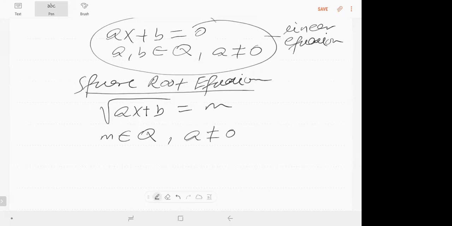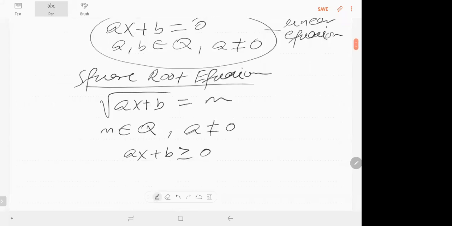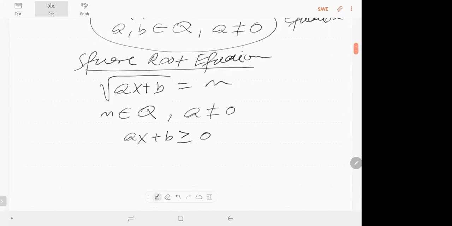And also, there is a big restriction: the expression ax plus b must be greater than or equal to 0. As we said last time, the radicand must be positive or 0. It cannot take a negative value. So the expression written under the radical sign must be positive or 0.